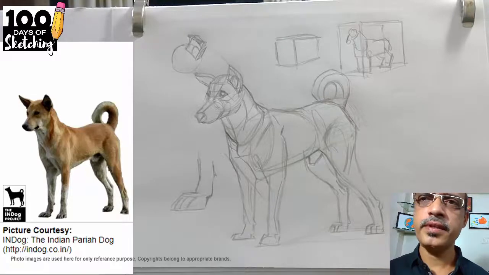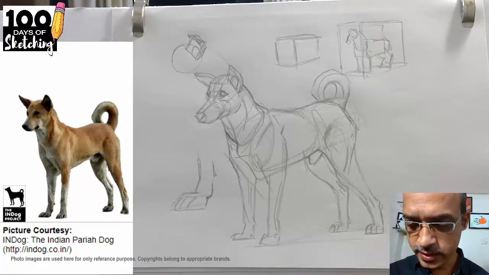Yes, I guess the dimensions are more or less done. I'll just finalize some of the lines.